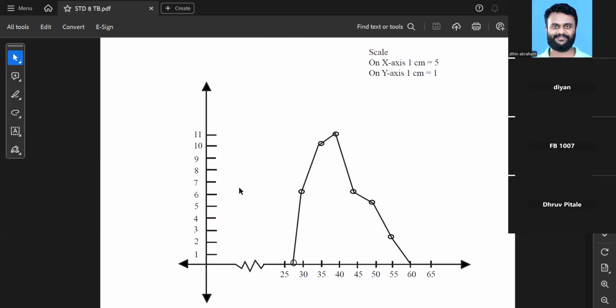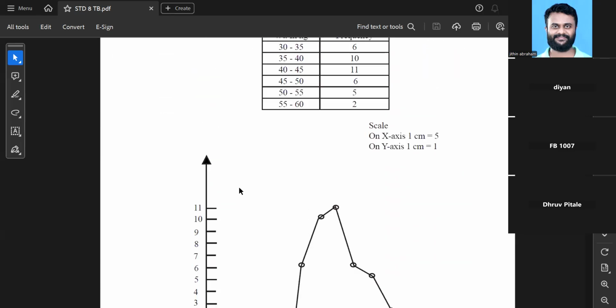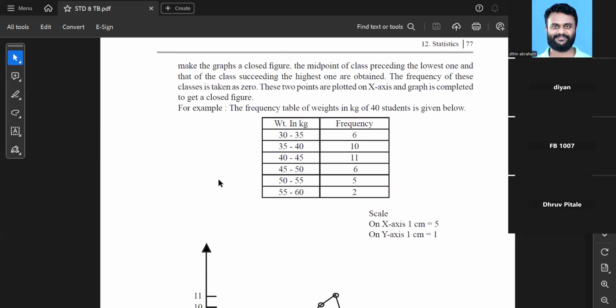I think the data is wrong. Yep, the data is wrong. ठीक है. So I'll just plot over here itself.